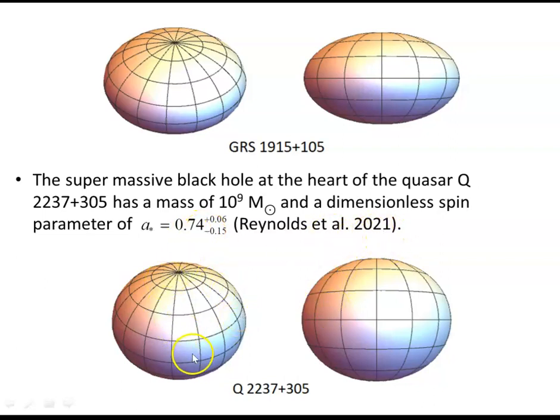Looking from above, you can see it's quite spherical. A little bit of flattening has occurred, but not too much. And side on, it still looks quite spherical, although a bit off spherical. But you can see there's a little bit of flattening there, but not as much as GRS 1915+105. Wow, what a difference. It's really up in that top range of spin values that the flattening really occurs.